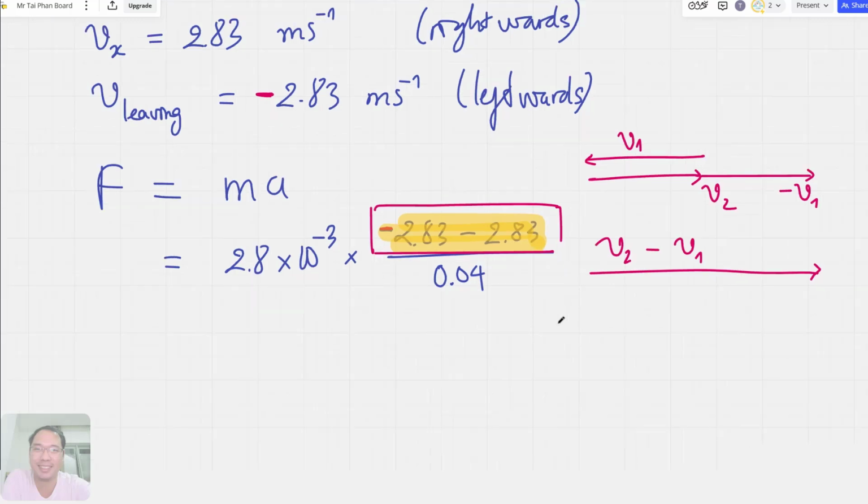Using the calculator to find the force, we got minus 0.39 newton.